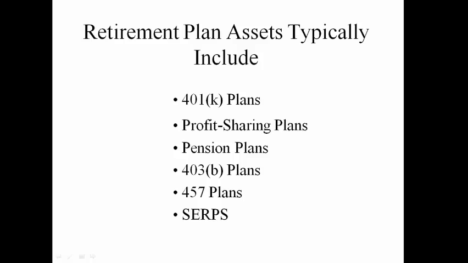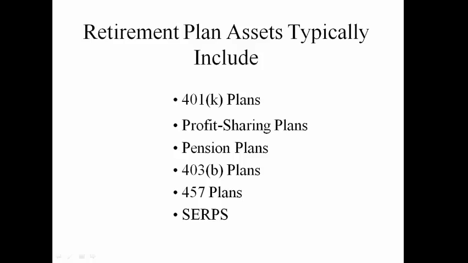Defined benefit plans, on the other hand, are communicated to employees in terms of benefits. So throughout this presentation, we're going to be talking about dividing accounts, which are typically defined contribution plans, or we're going to be dividing benefits, which are typically defined benefit plans.